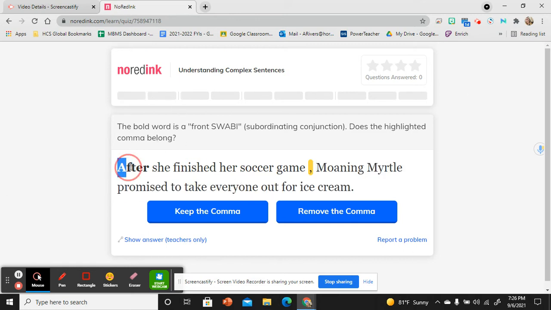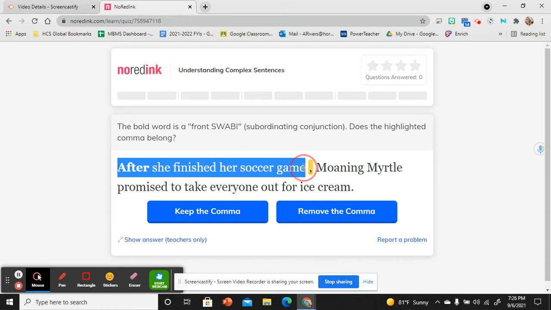When we add a subordinating conjunction at the beginning of a sentence, this no longer becomes an independent clause. It becomes a dependent clause. When you're dependent, you rely on someone else for something.